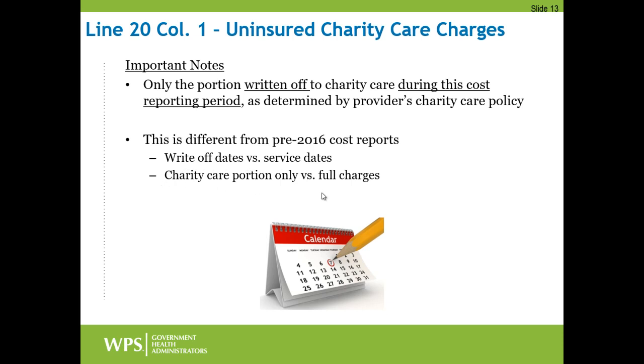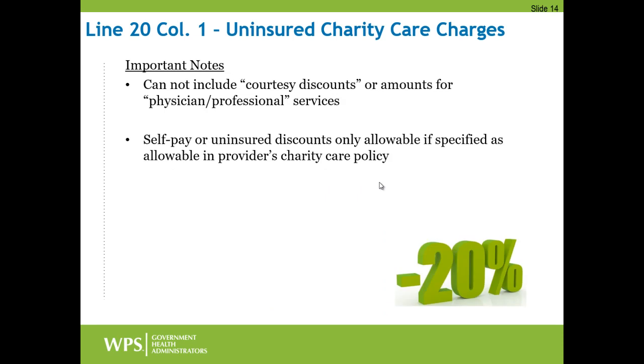And again, it's the charity care portion only that we're looking for now, whereas in the past it was full charges. We already said you cannot include courtesy discounts or physician or professional services. However, if you have a self-paid discount or an uninsured discount, that can be allowable, again, only if it's in your policy. So it has to be in the provider's policy before it's going to be allowed at all.